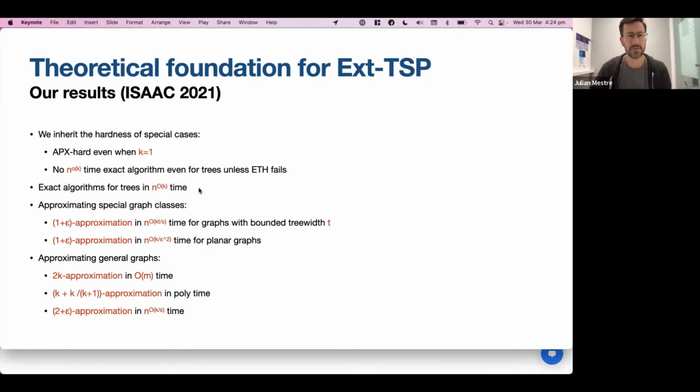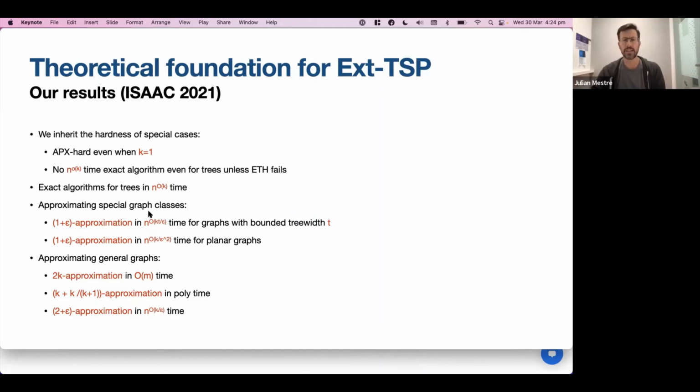That was interesting. For some special graph classes, we can get very decent approximation algorithms. We can get essentially a PTAS, a 1 plus epsilon approximation, if your graph has bounded treewidth, or if your graph is planar.